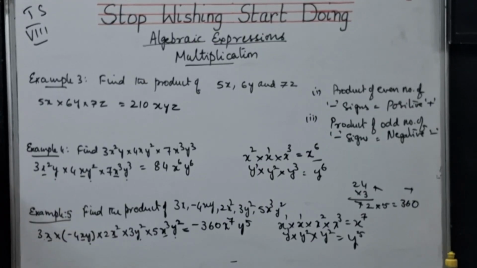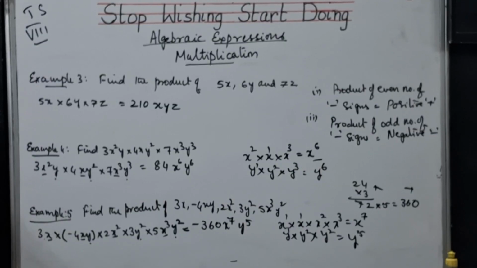So please understand this, children. Always remember when you are multiplying, signs are very, very important. Afterwards, numerals: you already know how to multiply the numerals, we need not discuss it. But now we need to discuss signs. Signs multiplication.